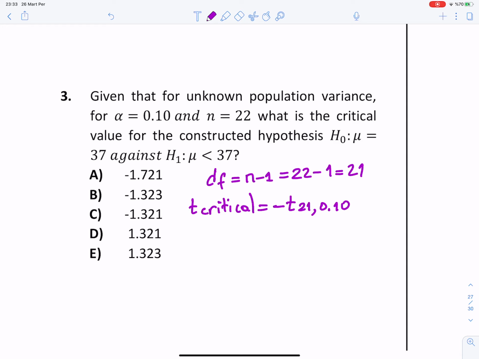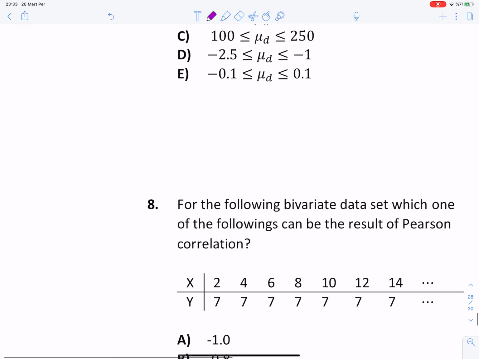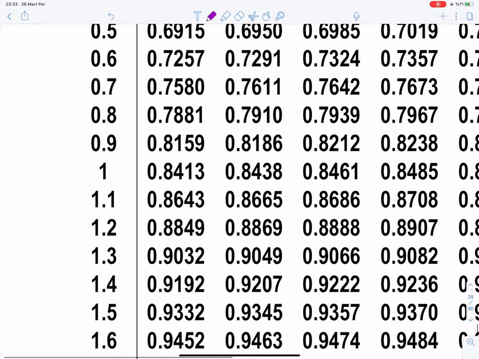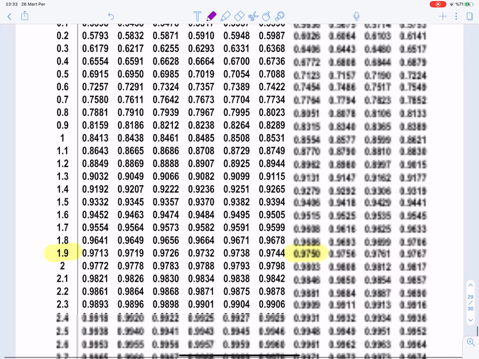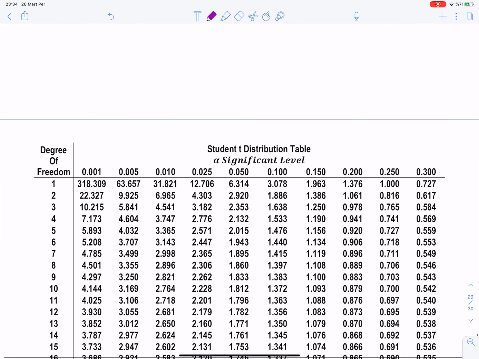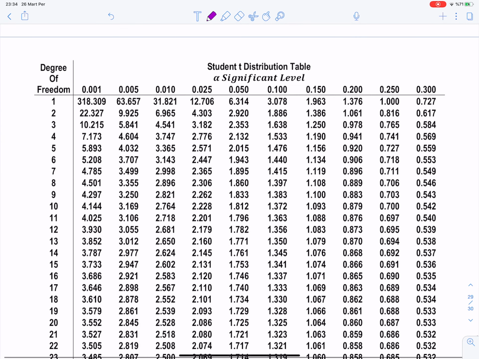0.10. So I need to bring this value from the table, student t distribution table, and for 21 degrees of freedom for 0.10. So I have the table value in here. So I need to pick up 0.10, which is this column. Okay, that column.